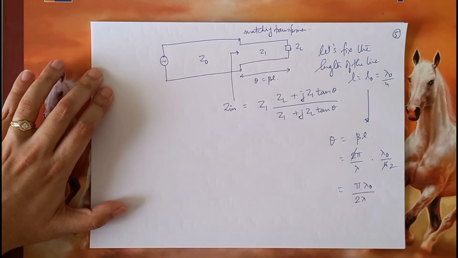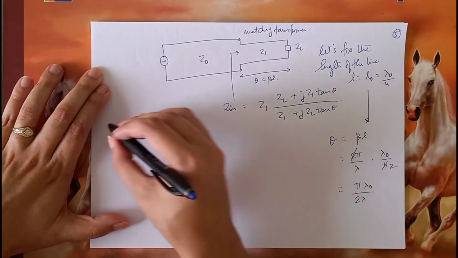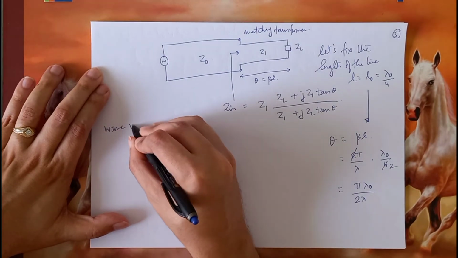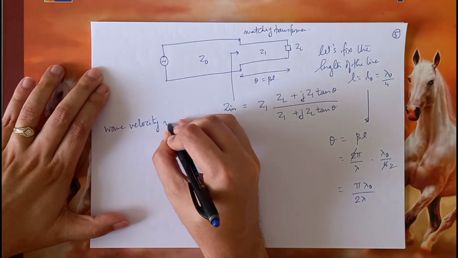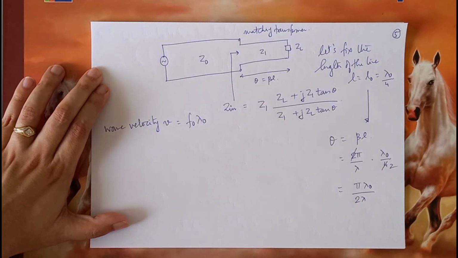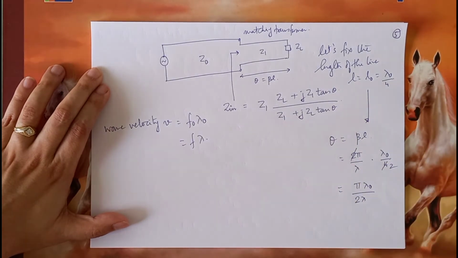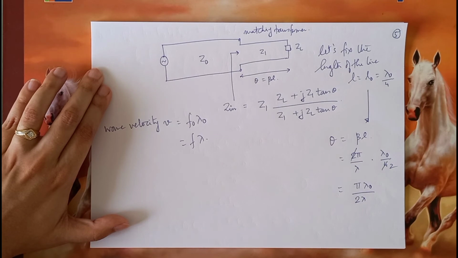So if I now want to express this quantity using frequency and not wavelength, then I can say that if the wave has velocity v, which is f0 times lambda 0 in case the wavelength is lambda 0, which is also equal to f lambda, where f is unknown, lambda is unknown, but it is of the same type of signal, which is an electromagnetic wave.